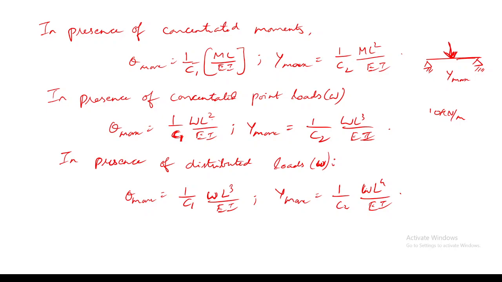It is W L cube by 48 EI. Whereas for a different loading, the 1 by 48 will actually change. The constant value will change. Is it fine? Yes, sir.